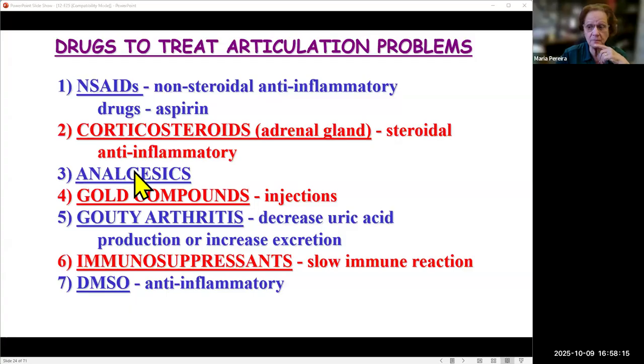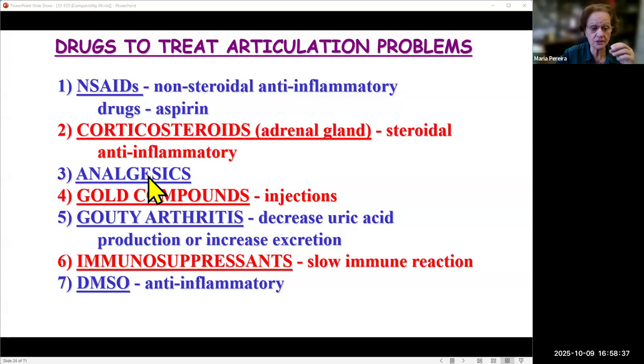Analgesics, so these prevent pain. And they work locally, at the nerve endings, to prevent the transmission of the action potential that is generated by the pain stimulus. Pain receptors are very, very simple receptors at the nerve endings, and they are activated by pain.